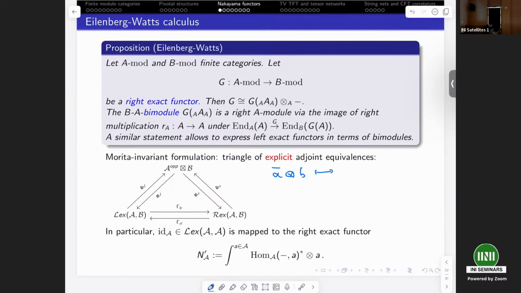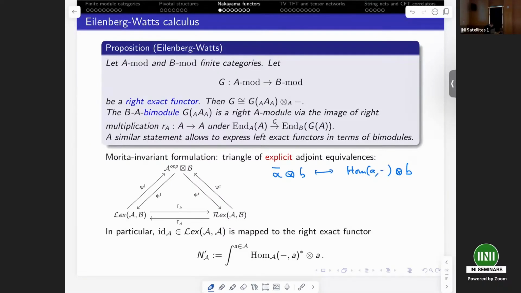Everybody knows how to do this. We take Hom(A, B), and if I'm writing here a tensor product, then I mean that these are linear tensor categories, which I can see as module categories over A. So this makes sense, and that's a left exact functor.